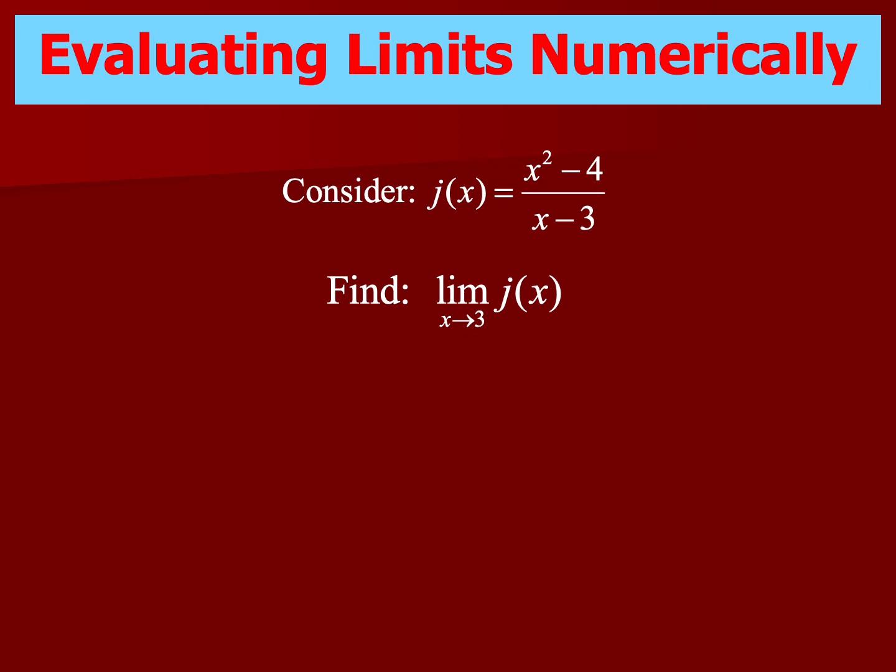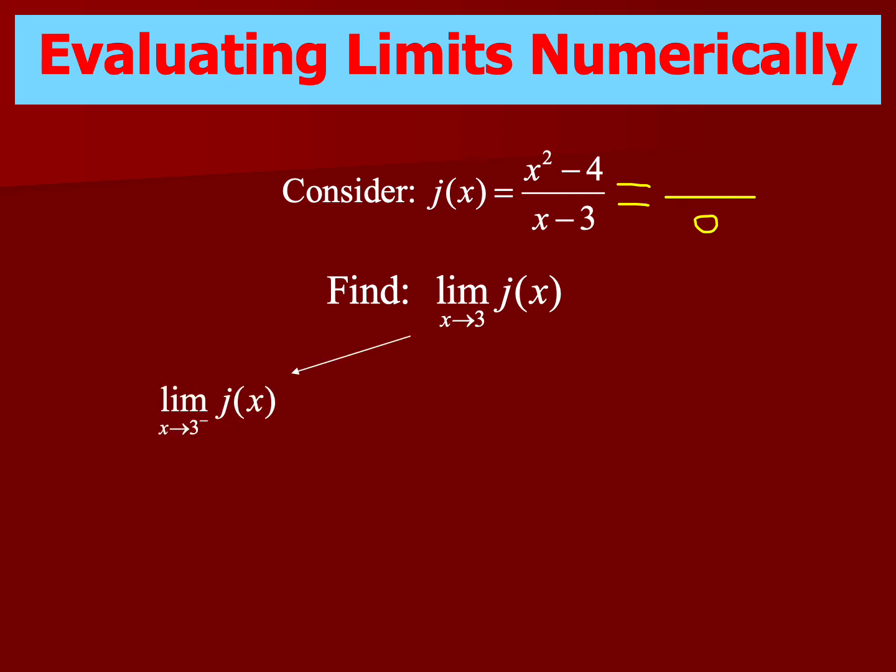Let us take the last example here. If I want to find the limit when x approaches 3, first, if I try to replace, I will get 0 in the denominator, which makes some problems in finding the exact limit here. So we need to use another method, which is the numerical method, by taking values very close to 3 from left and right.